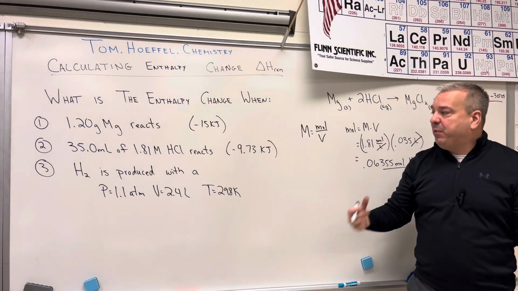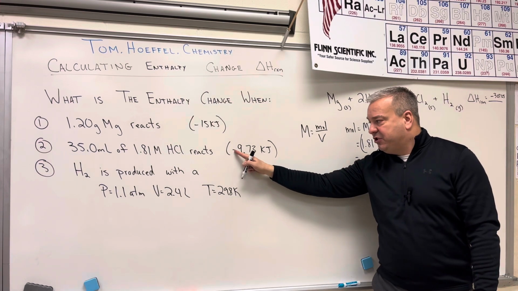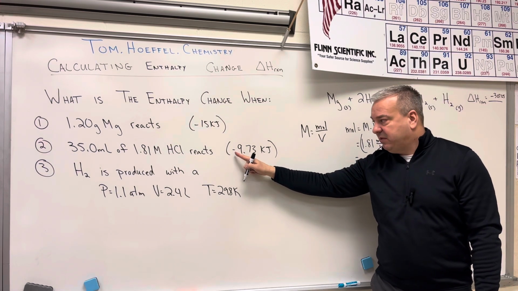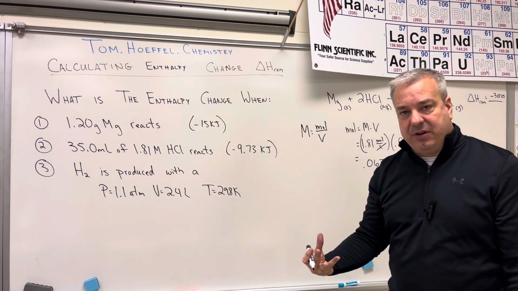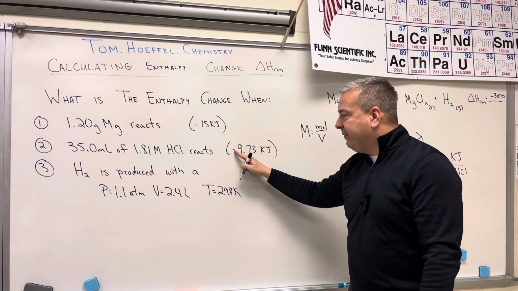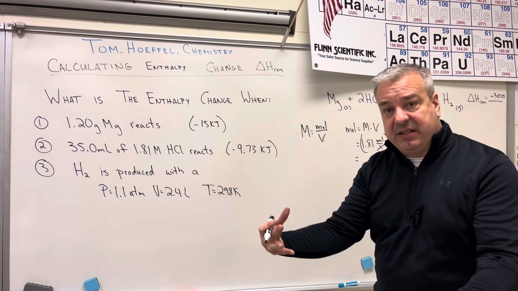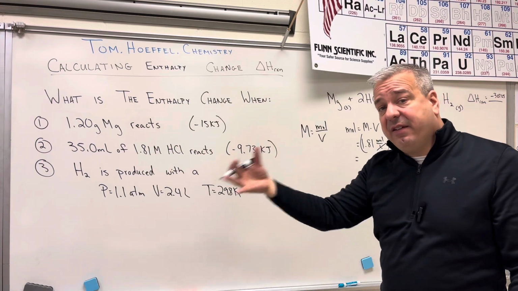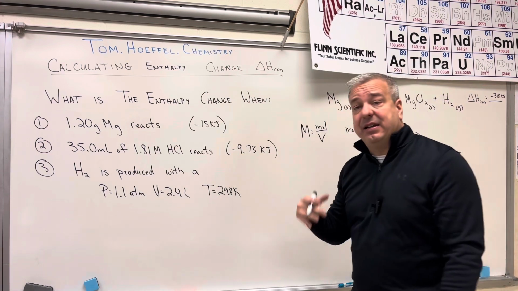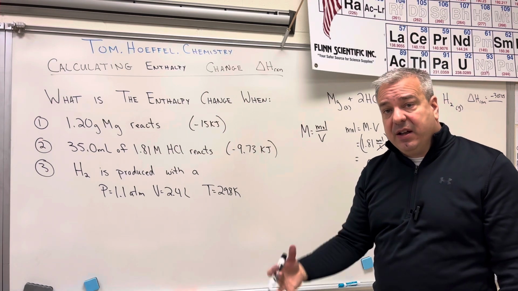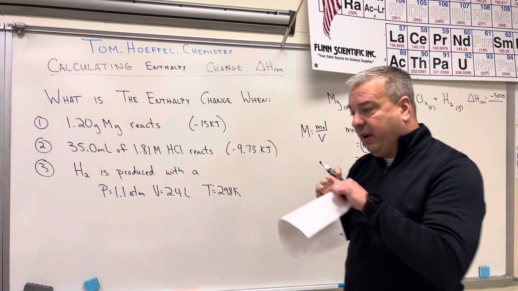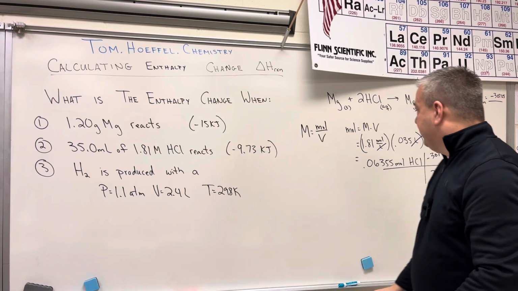Only 9.73 kilojoules of energy is going to be released. Remember, sometimes I don't say that negative number because it actually just reminds us that energy is being released. There's really no such thing as negative energy. This negative sign is only telling us the direction that the energy is flowing, and it's flowing out of the chemical reaction into the surroundings.